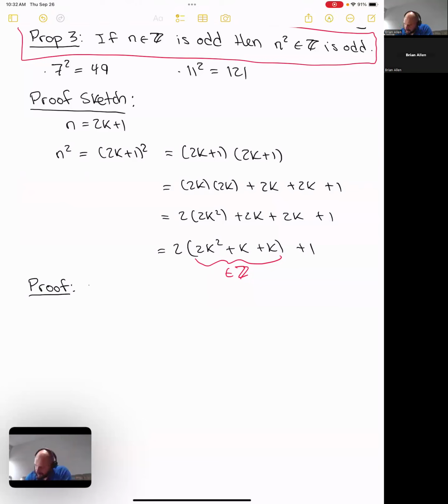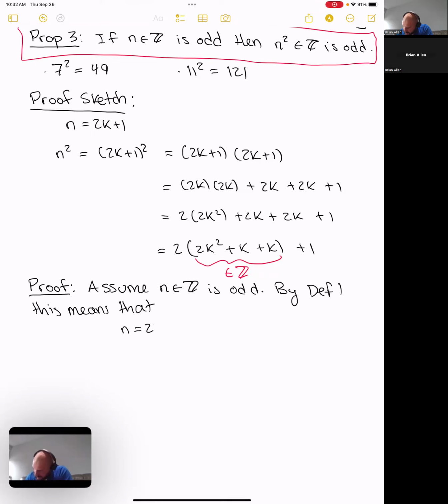Okay, so again, we need to state our assumptions. So assume the integer n is odd. Okay, by definition 1, this means that n is equal to 2k plus 1 for some k.